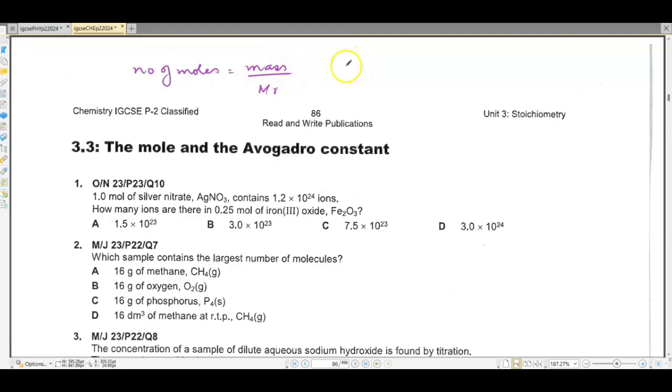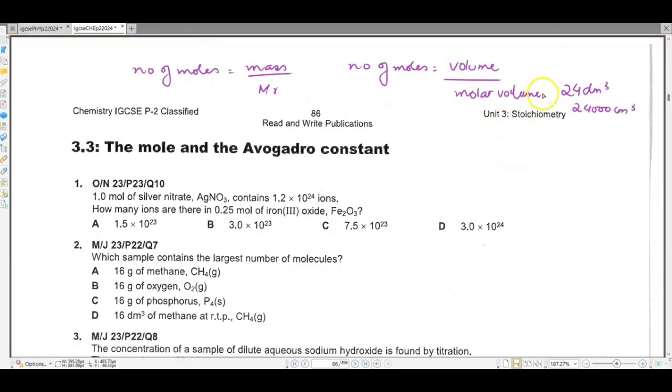For the ones that are liquids or in gaseous states, we have the formula to find the number of moles to be volume over molar volume. The value for molar volume is either 24 decimeter cubes or 24,000 centimeter cubes.